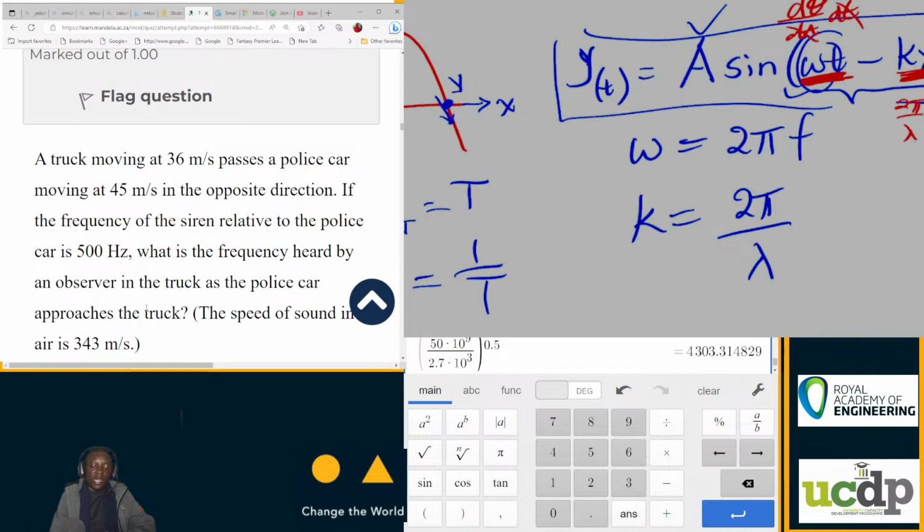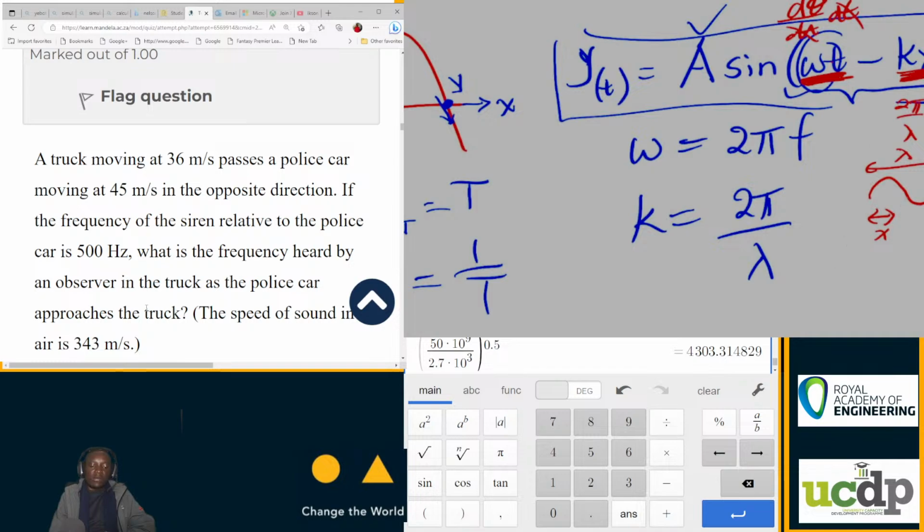As x over lambda is a fraction of the wavelength, it gives us the phase position of a complete cycle. So if this is x and this is lambda, then when x is equal to a complete wavelength, we've moved a complete cycle, which is a phase angle of 2 pi.